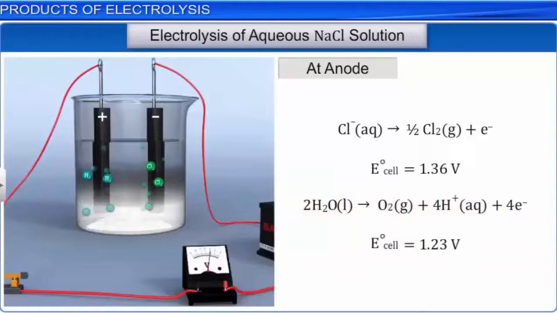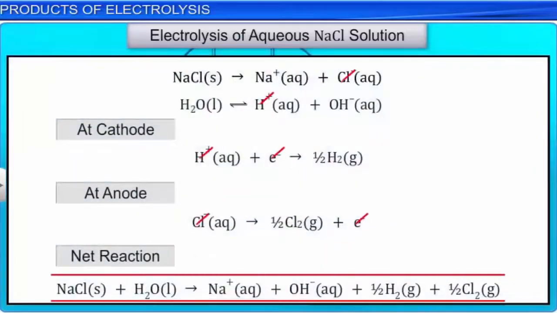Hence, an extra potential called overpotential is needed for the production of oxygen. This explains why chlorine, but not oxygen, is produced during the electrolysis of aqueous sodium chloride. The net reactions of electrolysis of an aqueous solution of sodium chloride are as shown here.